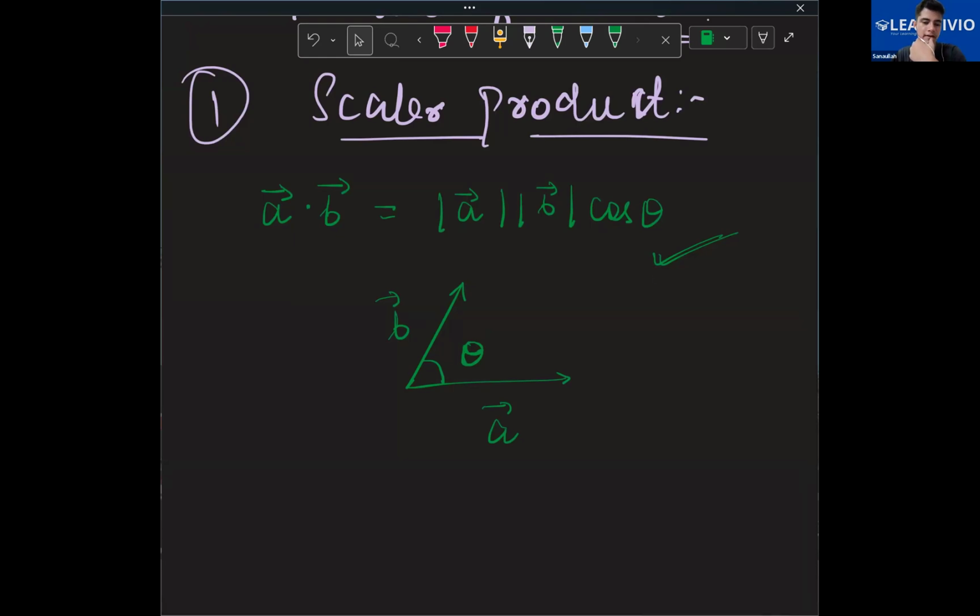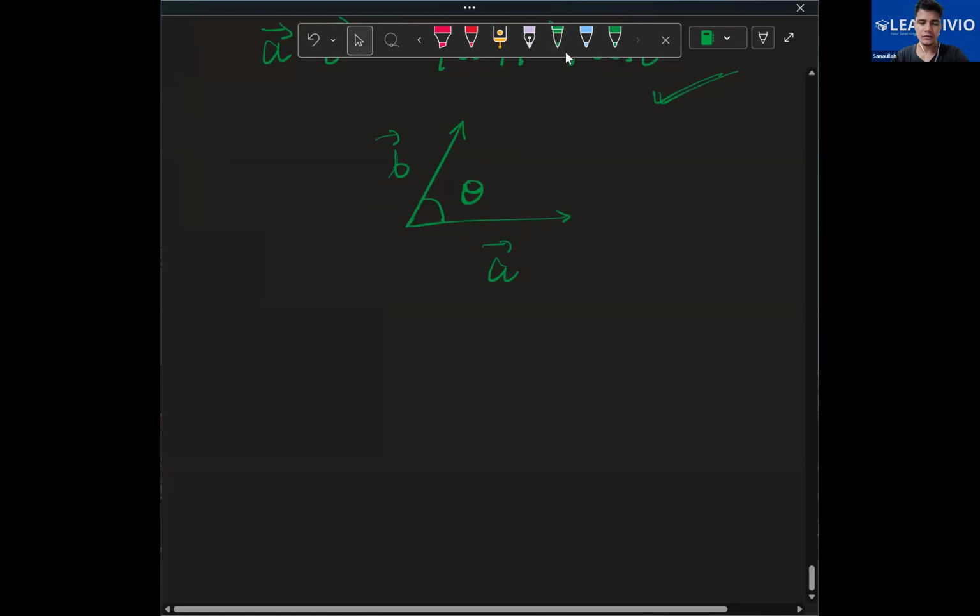Now we have some laws on these. We have some properties, as we discussed earlier about the properties of vectors. So similarly, we have properties on this also. First one is the distributive property. I think you must know about this also.